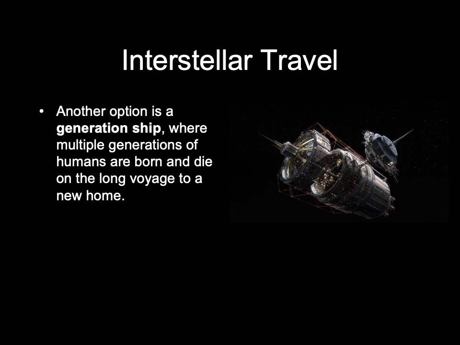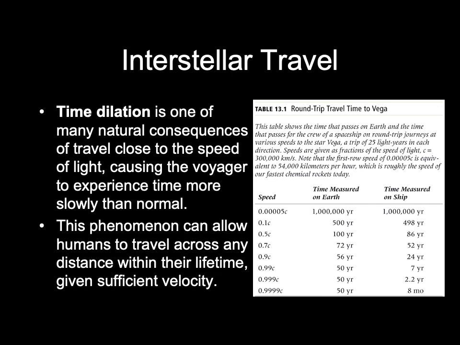This is a spacecraft called the Nauvoo from the Expanse television series, which was designed to be a generation ship. Is this currently within our reach? No, but it is, once again, an interesting idea. And right now, without breaking the speed of light, probably the only way that humanity would get to another star system.